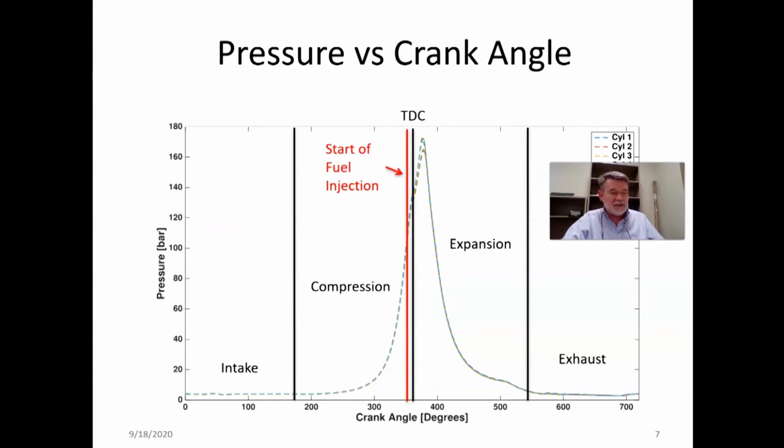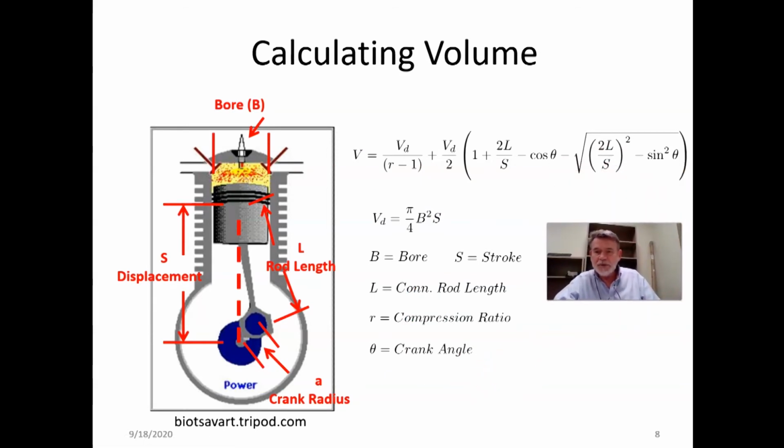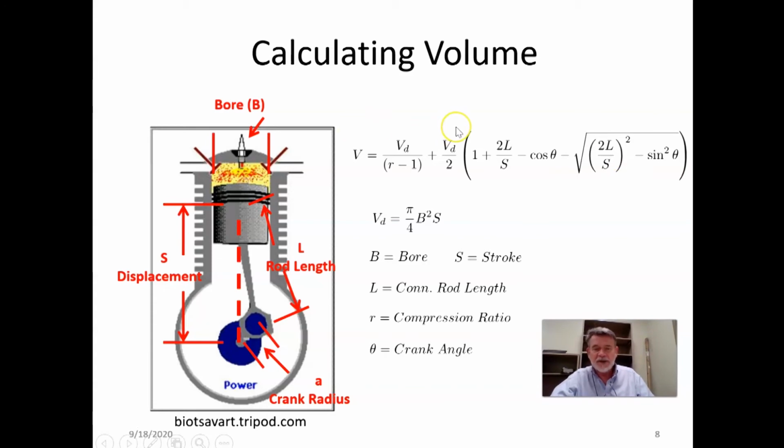But now with Excel and computers, where we can acquire signals quite easily, we need all the data. What we use is a fairly complex equation, but with a computer and Excel, it doesn't really matter if it's complex.